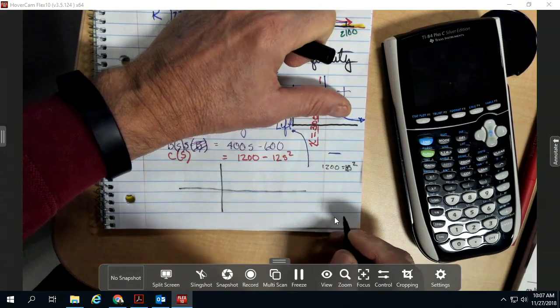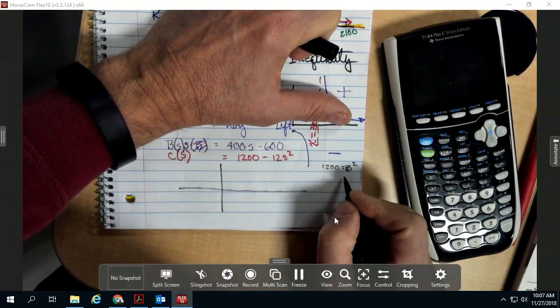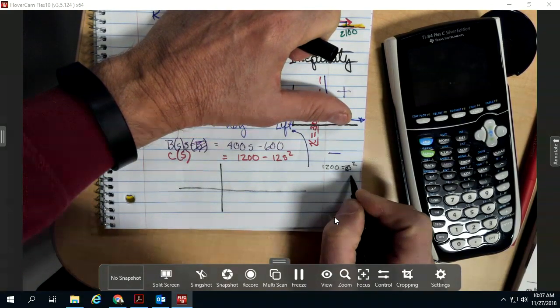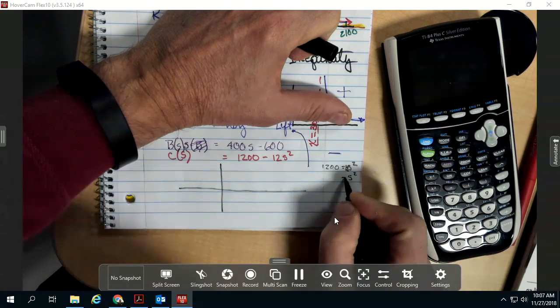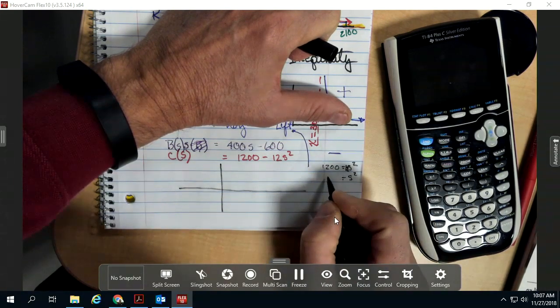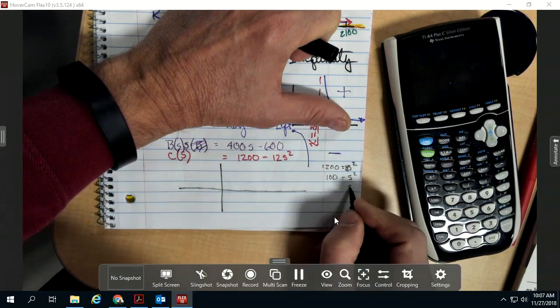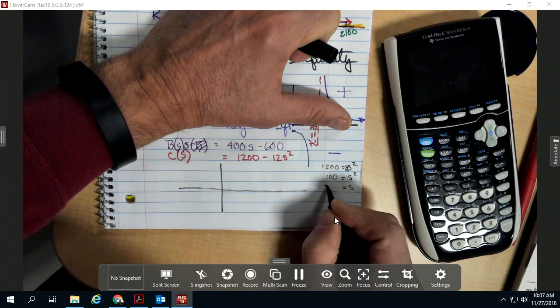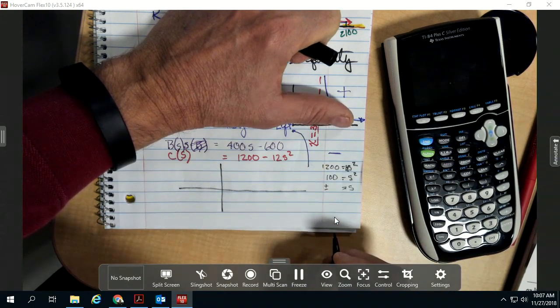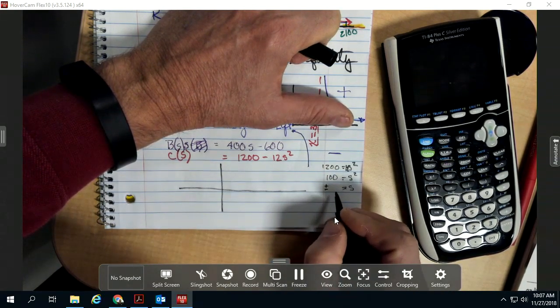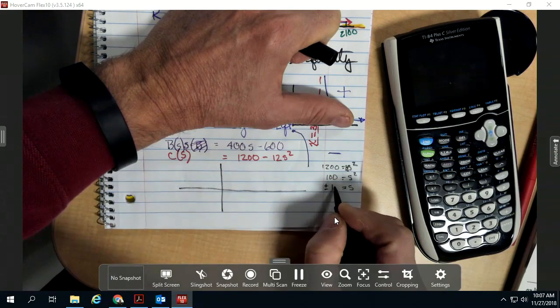So 1200 equals 12s squared. What can you do to both sides? Divide by 12 and you get 100 is s squared, which means s is, take the square root of both sides, 10.